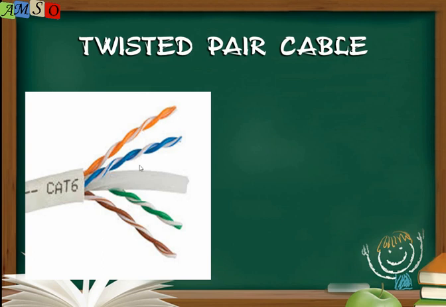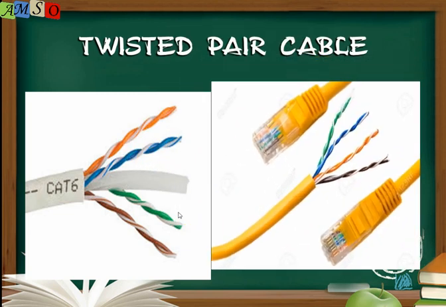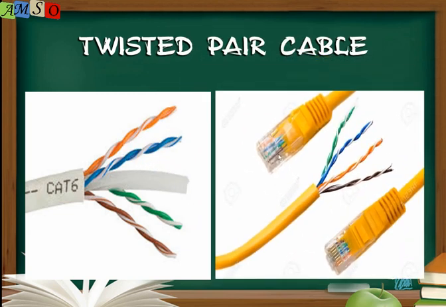So these are 4 pairs of cable, and if you separate them, they are now 8 wires of different colors. This is an example of a twisted pair cable, and it is what they use in creating this network cable. You see different colors of wires in it. So let's take note of this.